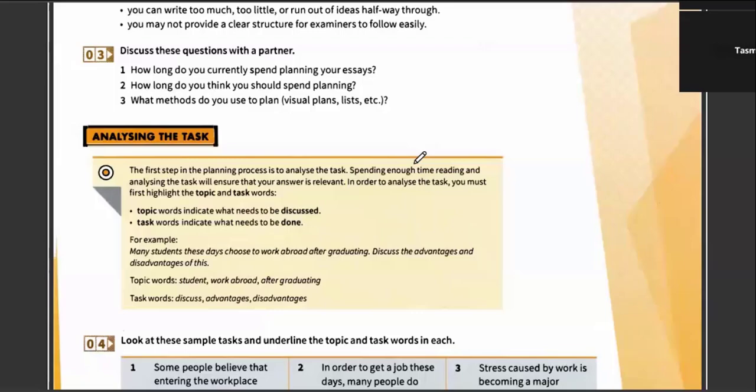Although you do need to invest some time before writing, that could be around a maximum of 10 minutes. Especially for IELTS Task 2, you have 40 minutes in total. So if you spend 10 minutes just thinking, planning and structuring the whole essay, you have 30 more minutes in your hand to write.